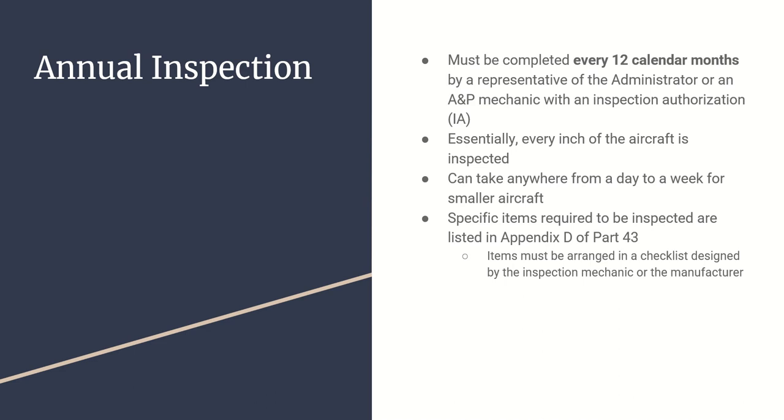This particular facility said they did the annual, but they didn't do the annual. The way that we could tell was because the factory paint was still attached around some of the coverings and openings to the rest of the airplane, which says that they did not remove those panels, which is expected for an annual. So they didn't do that. So now we had to find somewhere else to get it done.